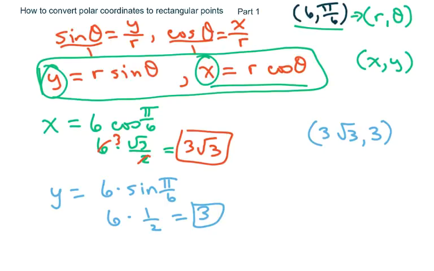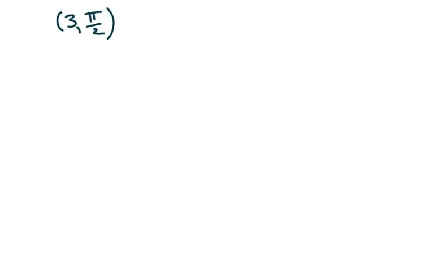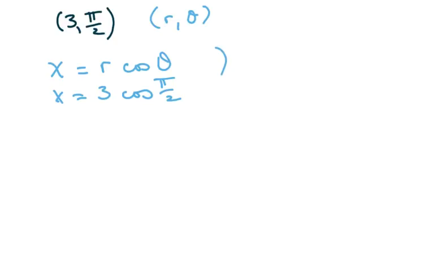Now we're going to do a few more and go a little faster. So this is r, theta, and we're going to find x first, which is r cosine of theta. So x equals 3 cosine of pi over 2. And our y is r times sine of theta, so y equals 3 sine of pi over 2.